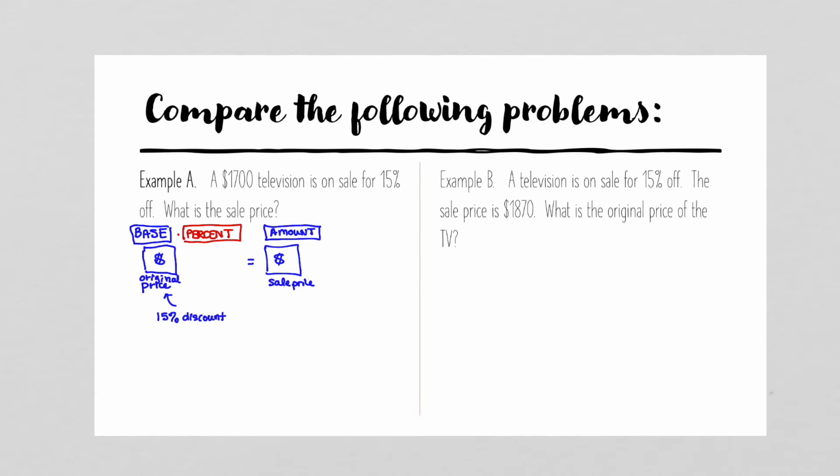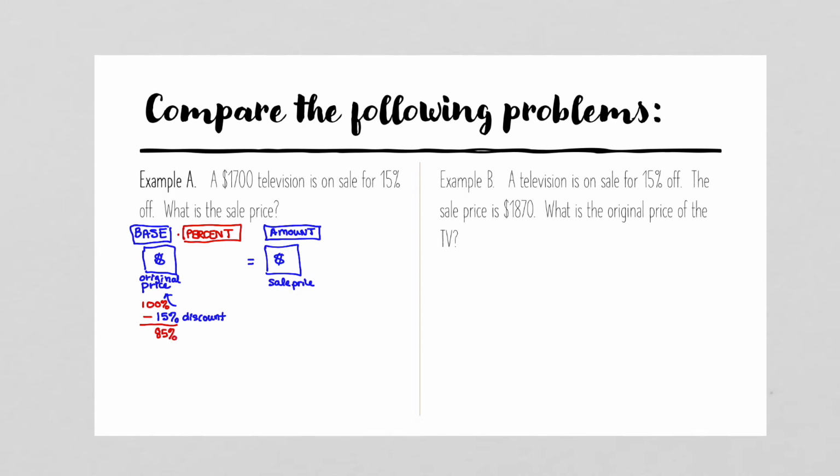Namely, let's think this through here. If I'm discounting my original price by 15%, what percentage of the original amount is going to be my sale price? Well, let me think. The original price is 100% of the price, right? And if I take off a 15% discount, that tells me that I have 85% left over.